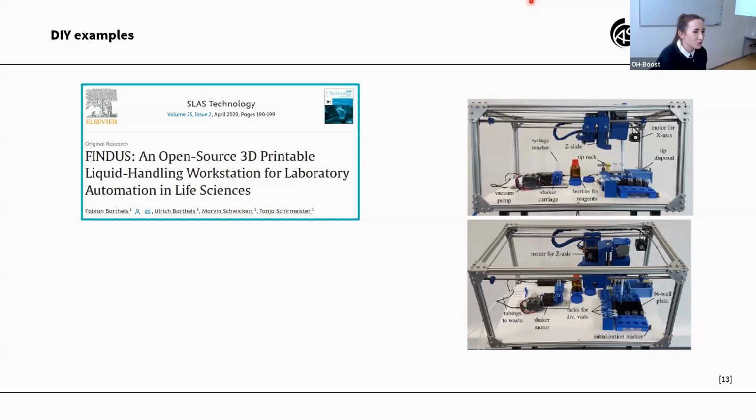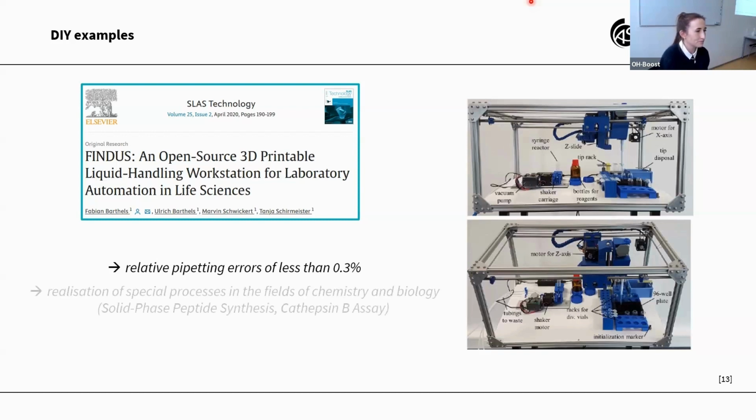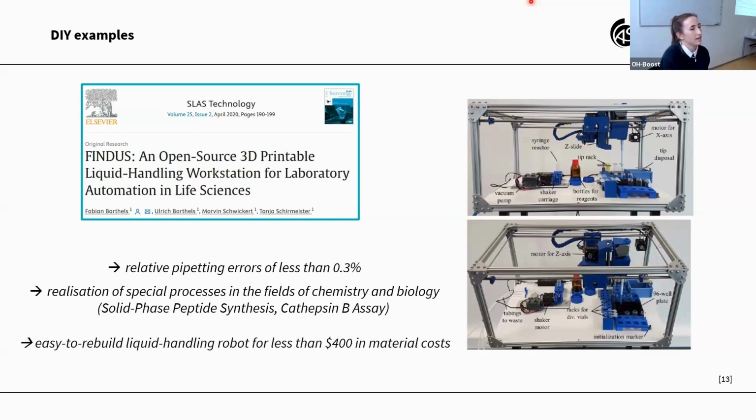It's a do-it-yourself liquid handling station, and they could reach a relative pipetting error of less than 0.3%. They also show the realization of special processes in the field of chemistry and biology. All in all, they had material costs of less than $400.